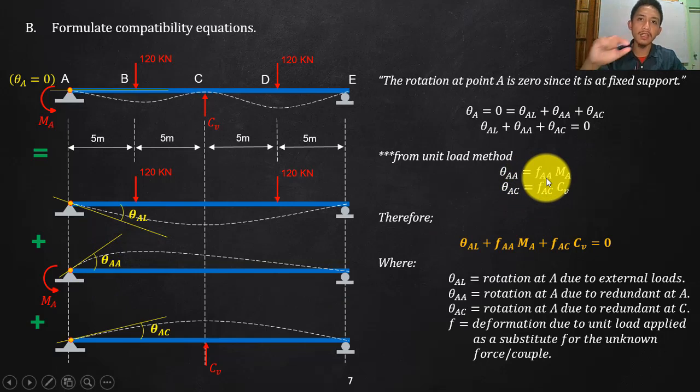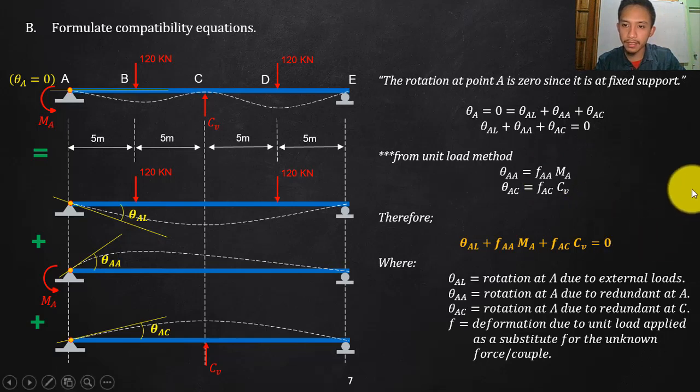It means that is the rotation due to the unit load applied instead of that moment A. Then multiply that with your M sub A, which is actually an unknown, and that is the total effect, theta sub AA. So instead of theta sub AA, I will change that to the effect of one moment multiplied by the unknown moment.